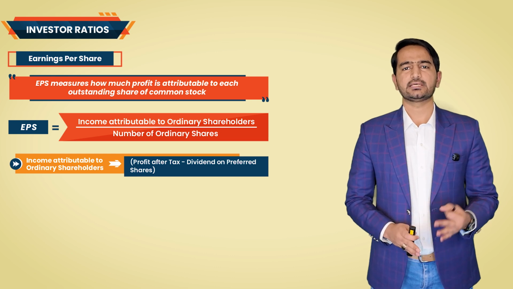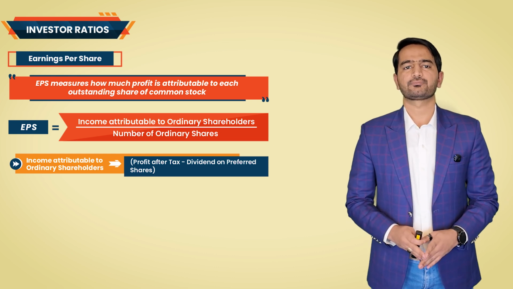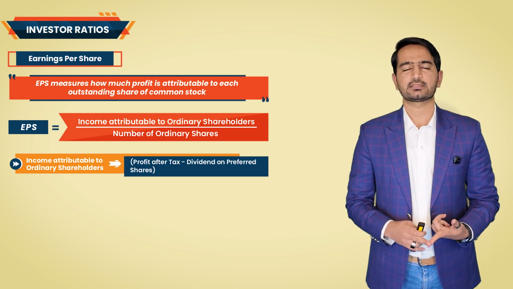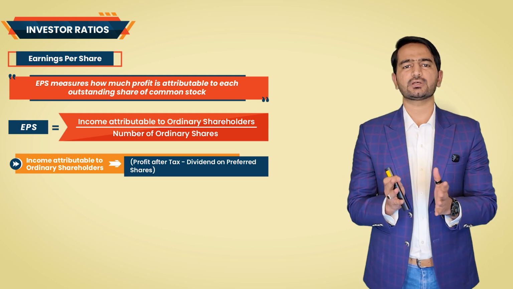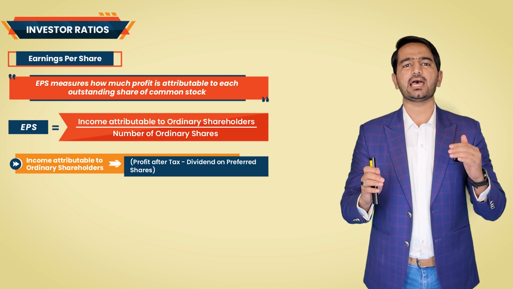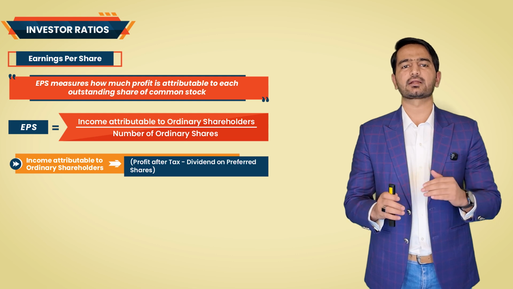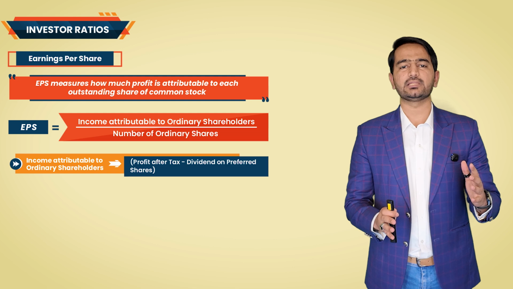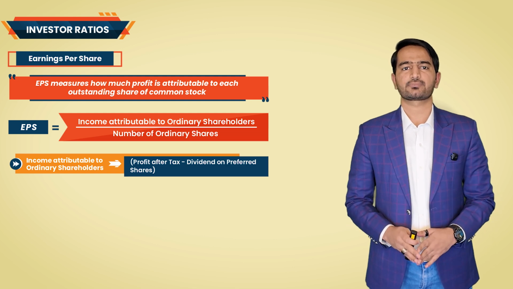So basically, there are three components of this formula. First is net income, that is profit after tax. This is the total earnings of the company after all the expenses, including taxes and interest on debts, have been deducted. It represents the amount of profit that is available to all the shareholders.